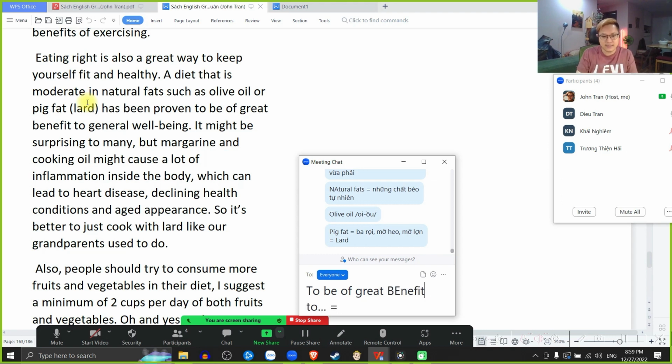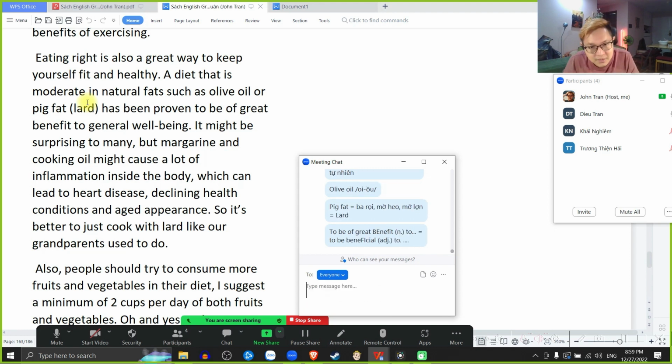Thì mình có thể dùng cái dạng danh từ này thay vì dạng tính từ. We can use this noun form instead of the adjective form, you know, to be beneficial to, or to be of benefit to.